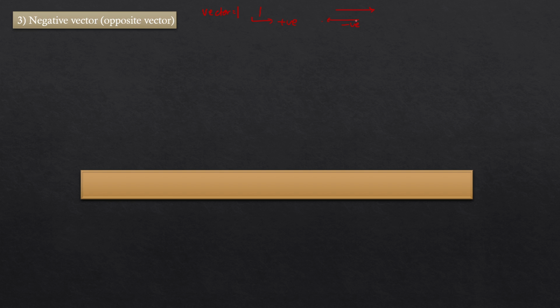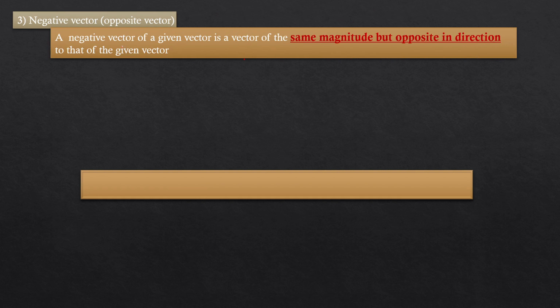ओके, सो अपोजिट डायरेक्शन. So the negative vector of a given vector is a vector of the same magnitude but opposite in direction. मतलब given vector ये है, ये हमको एक वेक्टर दिया है p बार, इसका एक नेगेटिव वेक्टर निकालना है. So you will draw this vector.